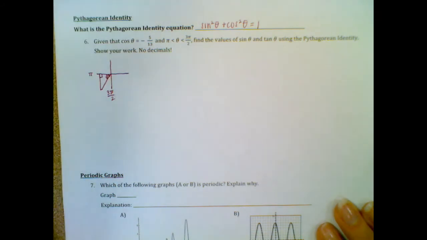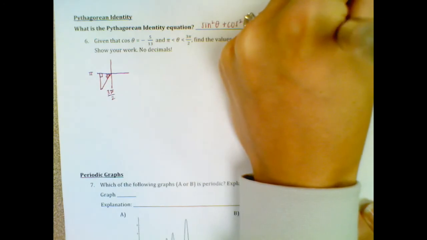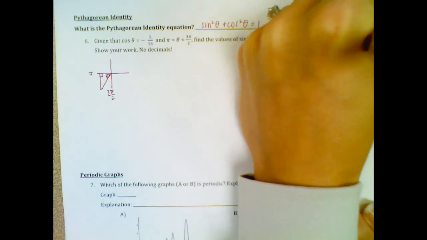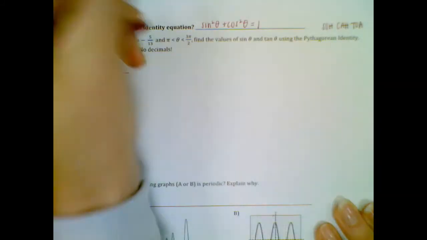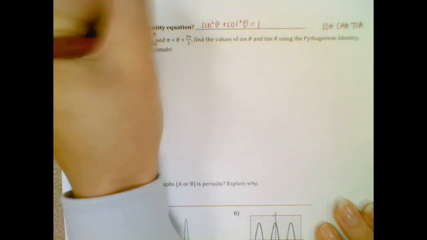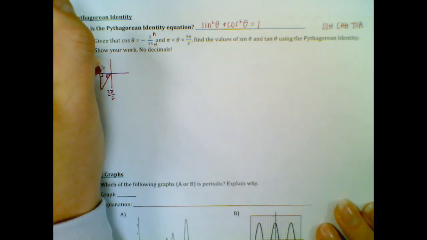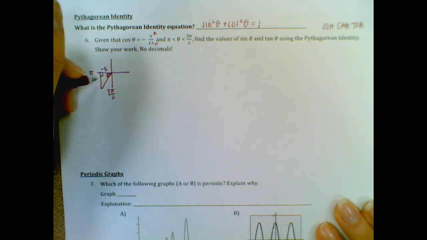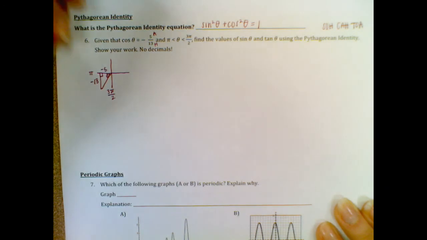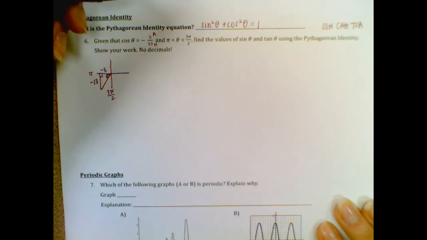Cosine, if we think about SOHCAHTOA, is adjacent over hypotenuse. So this is negative 5, negative 13.